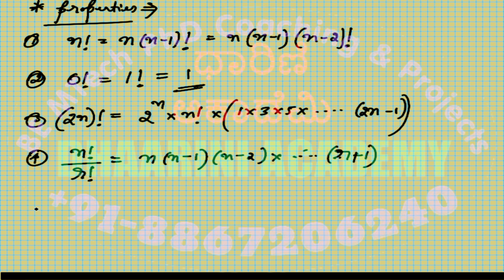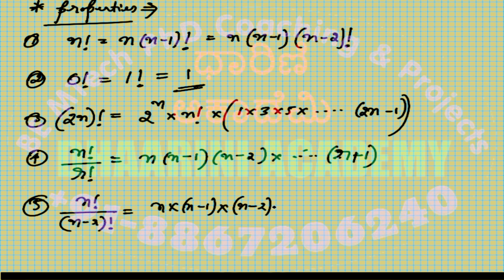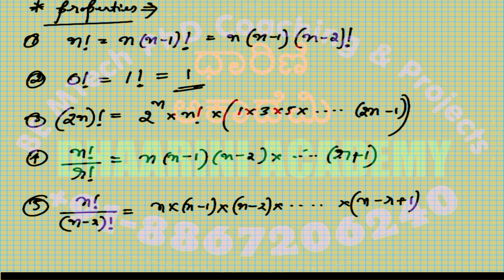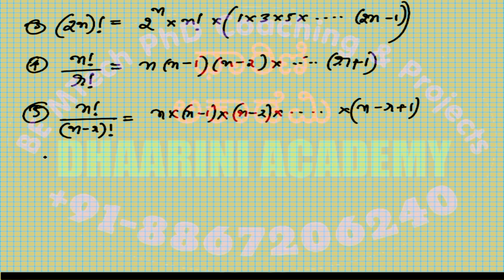Then the fifth one is n factorial divided by n minus r factorial. If you want to calculate this, then this will be n into n minus 1 into n minus 2 all the way till n minus r plus 1. Then we have property number 6.